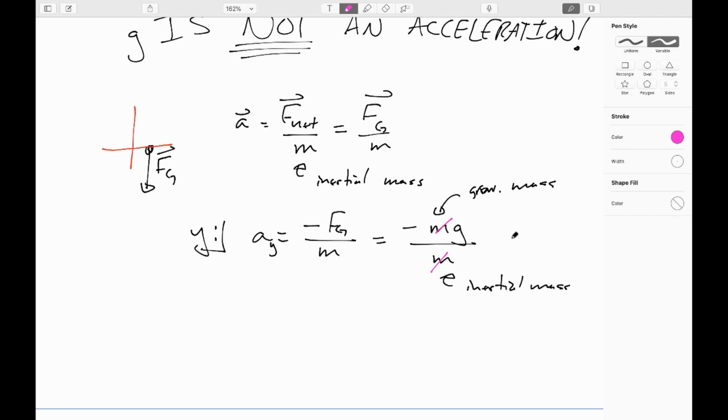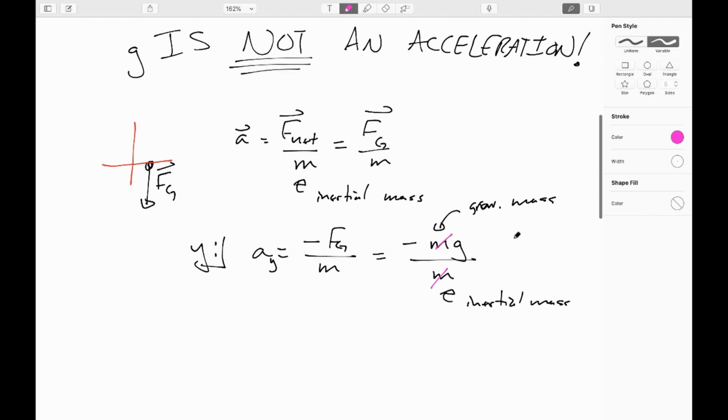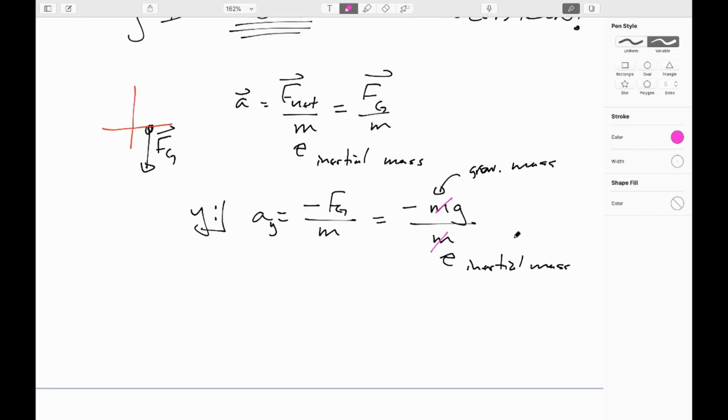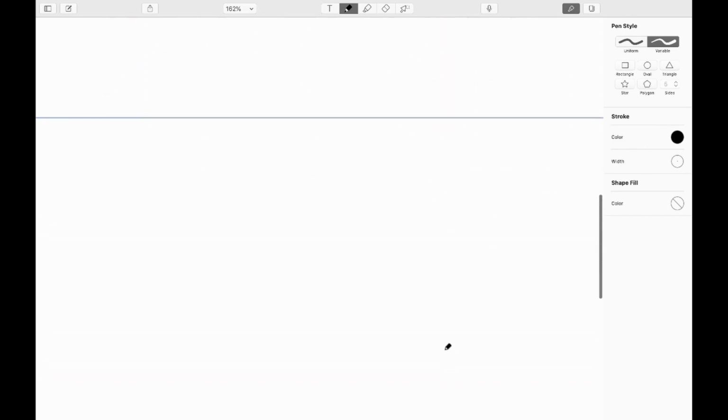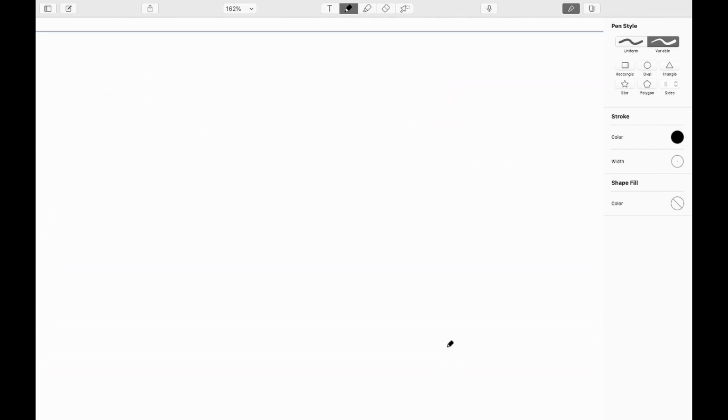A lot of people sort of just lump all the steps together, but the reason I keep bringing up that g is not an acceleration is, let's take a look for a second and say, what if instead of us just having our box drop, let's say it's got a parachute.